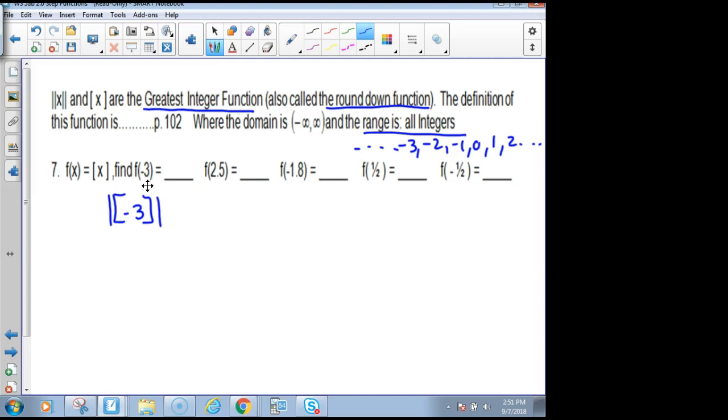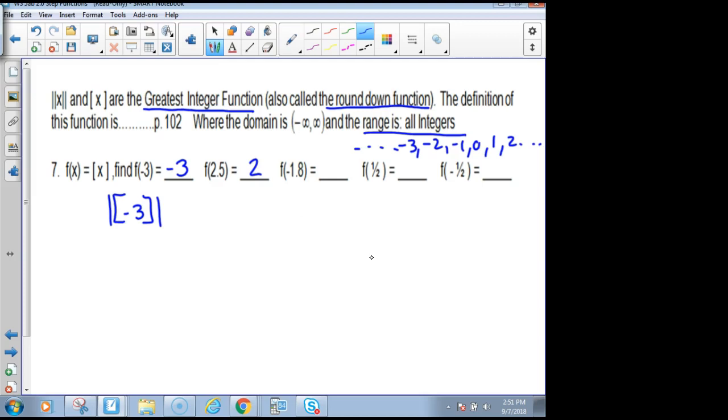Well, is -3 already an integer? Yes, it is. So the round down or rounding -3 down is -3. It is itself. But if you went to 2.5, you would round down to 2. Okay, it's always an integer. But what happens when you round down to negative 1.8?